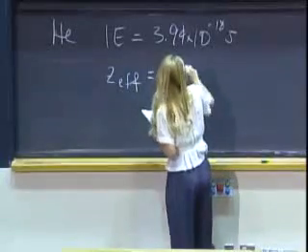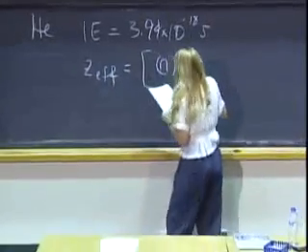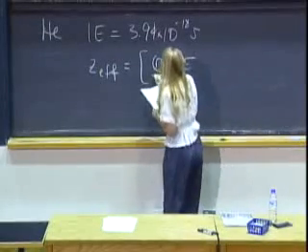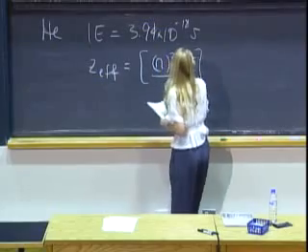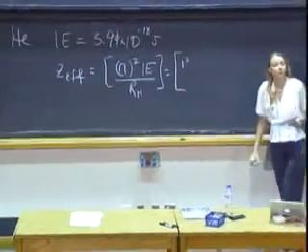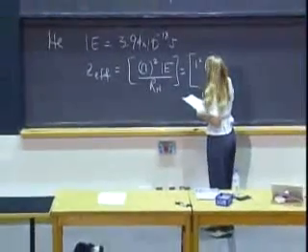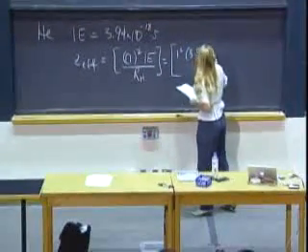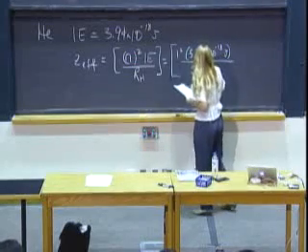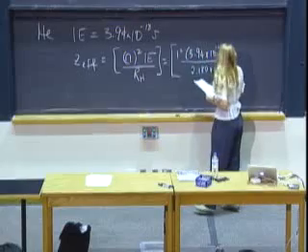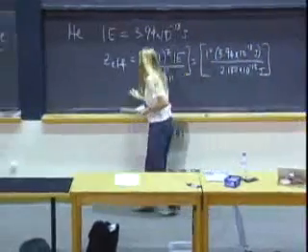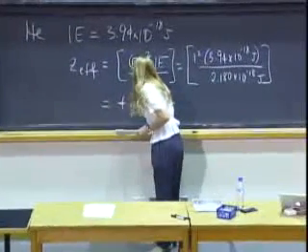And when I do that, that of course is n squared times the ionization energy over the Rydberg constant, right? N squared is going to be 1 because we're talking about the ground state. The ionization energy, I said, was 3.94 times 10 to the minus 18 joules. Rydberg constant is 2.180 times 10 to the minus 18 joules, right? In the end, I find an effective charge here of plus 1.34.